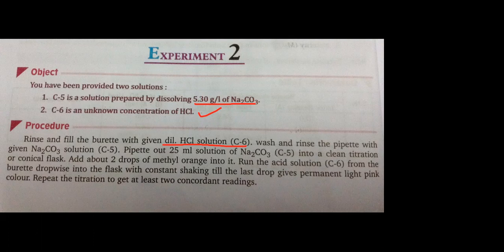Now you will pipette out 25 ml solution of sodium carbonate into a clean titration or conical flask. To this, you will add 2 drops of methyl orange. So this methyl orange is going to work as an indicator. Now, run the acid solution C6 from the burette dropwise into the flask with constant shaking till the last drop gives the permanent light pink color, and you have to repeat the titration process to get at least 2 concordant readings.